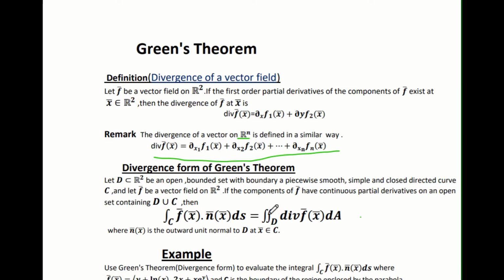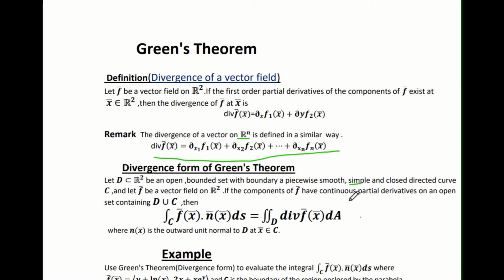Green's theorem has two forms. It is the divergence form and the standard form. Here I'm going to first go through the divergence form, and then I'm going to go through the standard form. So for the divergence form, let D in R2 be an open bounded set with boundary a piecewise smooth, simple and closed directed curve C, and let F be a vector field on R2.